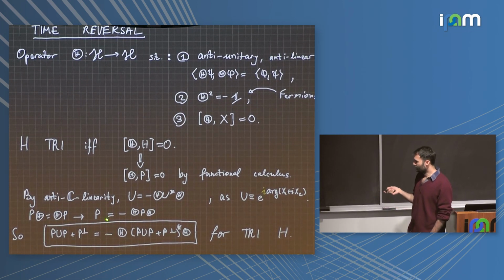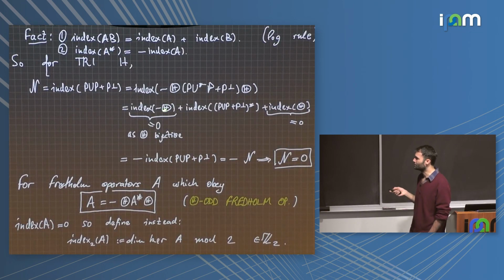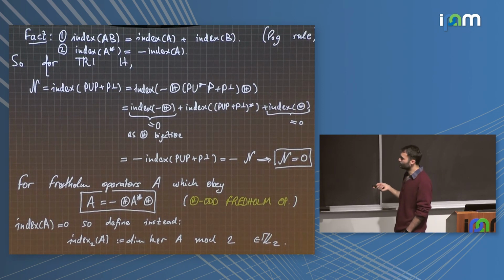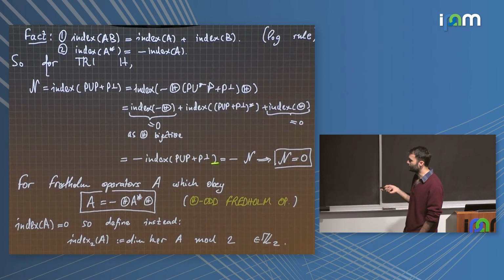So our main Fredholm operator, this PUP plus P-perp, obeys this algebraic relation. Let me not get into this calculation, but it implies, when you plug in the algebraic relation and use a logarithmic rule for the Fredholm index, that the bulk index is equal to the bulk index of the adjoint of this PUP plus P-perp, but the index of the adjoint is equal to minus the index, and so that index is always 0.